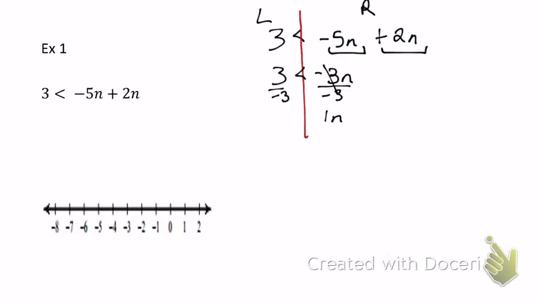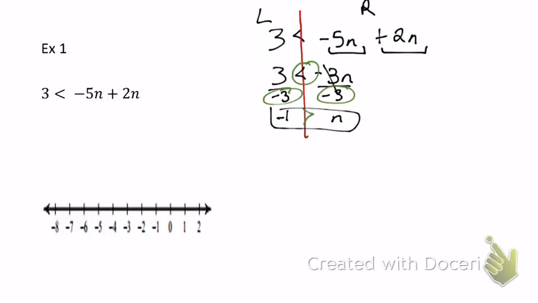However, I don't need to say 1, so I'm just going to erase that. On the other side, 3 divided by negative 3 would be negative 1. But because I did this divide by negative business, that's going to take my inequality and flip it around. So now I've got my answer: negative 1 is greater than n.